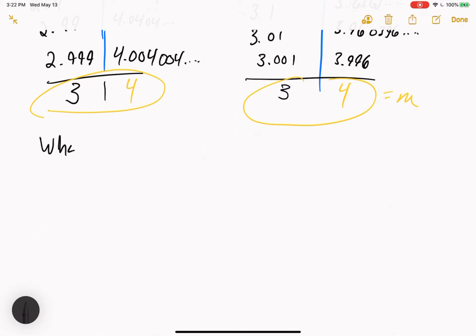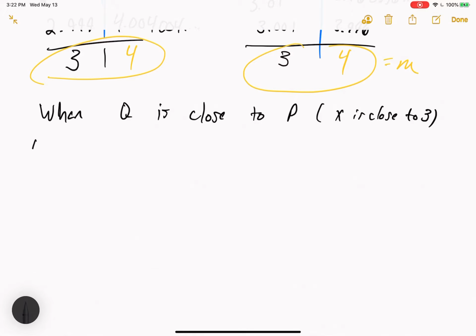So we say when Q is close to P, or you could say near if you like, P, which in this case is like X is close to 3. Because in this case, Q depends on X. What that tells us is that MPQ is close to M.